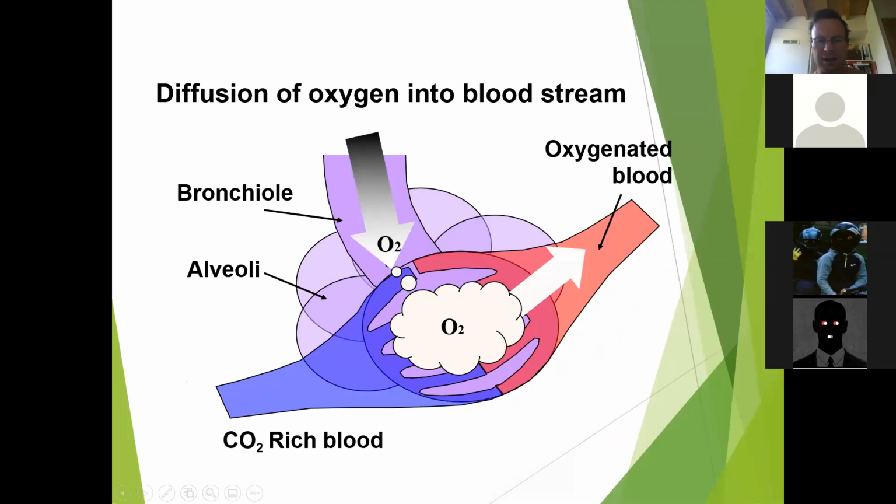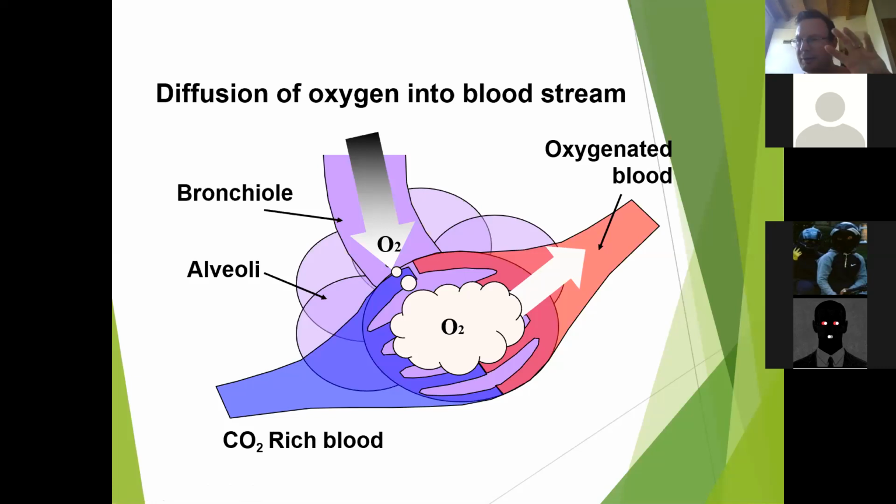What you see from the left-hand side, that blue bit, is deoxygenated blood. So this is blood that's been used by the body. The oxygen has been extracted and exchanged for carbon dioxide. So what we see here is deoxygenated blood arriving at the alveoli.